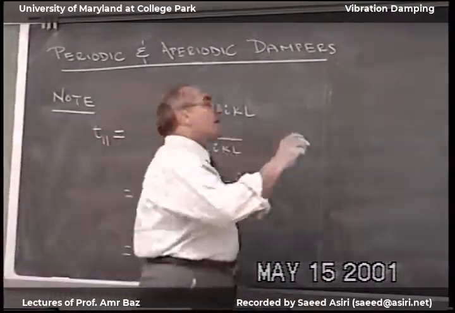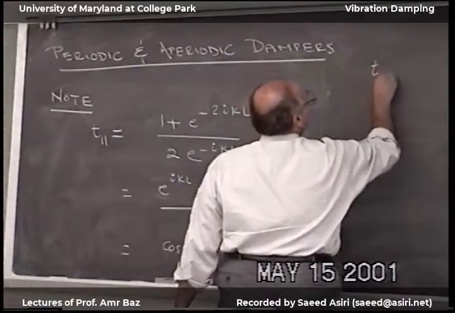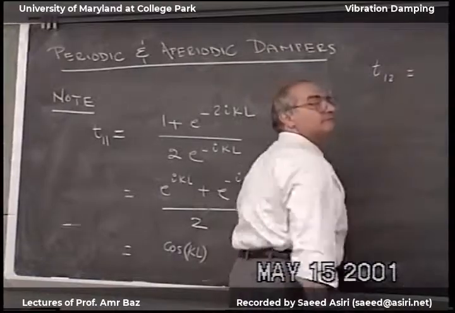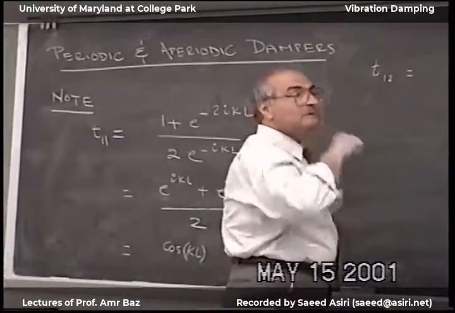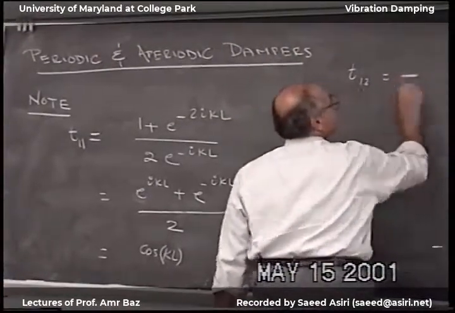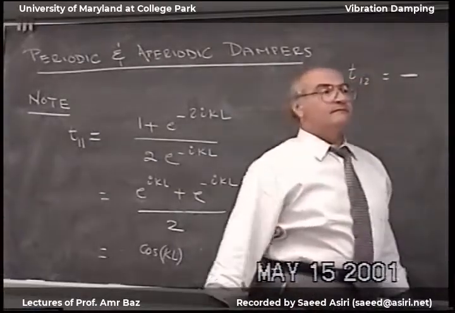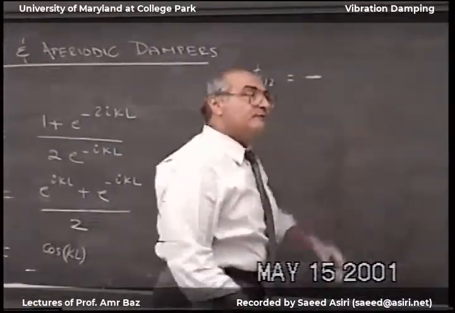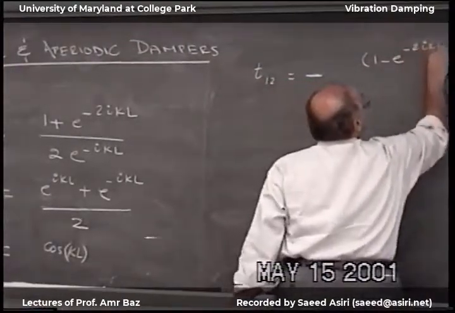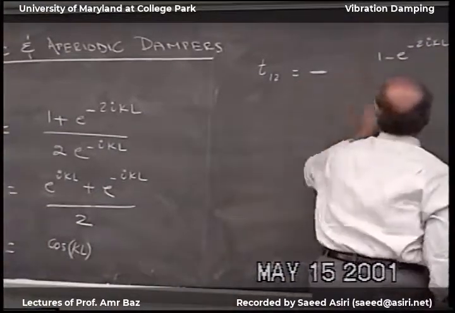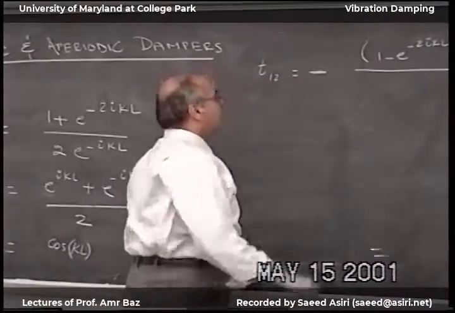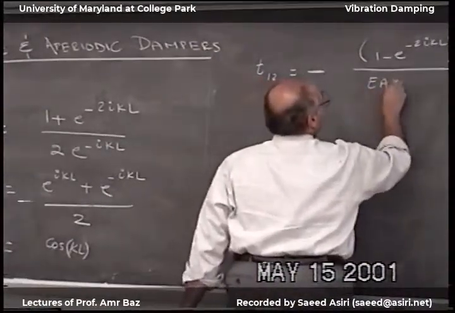Okay. Now T, I'm sorry, T12 first, is equal to minus 1 over m. So this becomes 1 minus e to the minus 2iKL divided by, here we have e, a, k, and j.